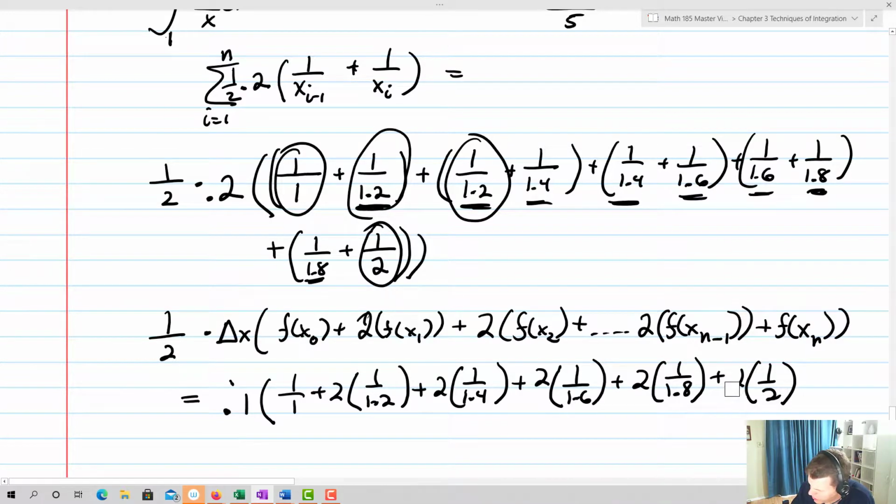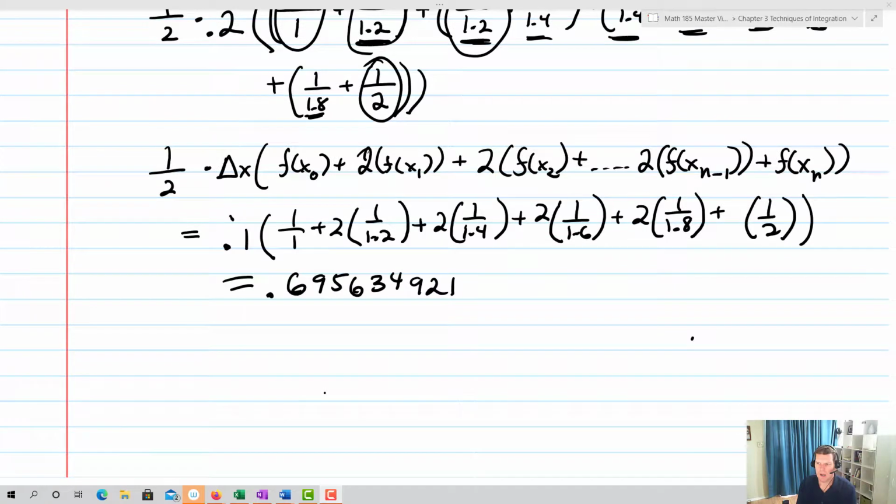Not 2, excuse me, just plus 1 over 2, because that's the last value. So when we calculate our value here, we end up with 0.695634921.